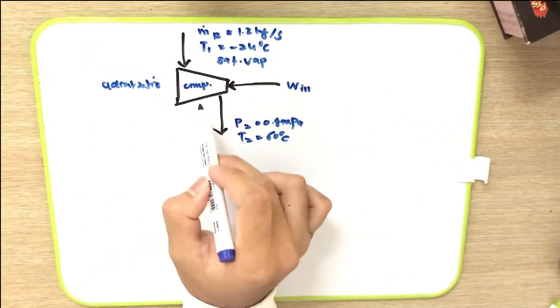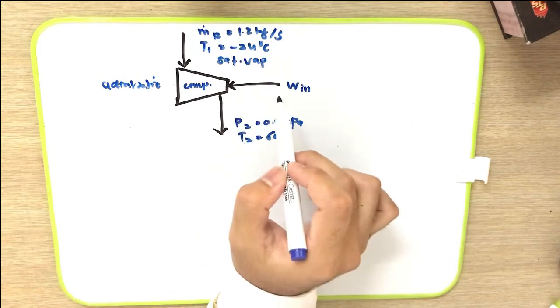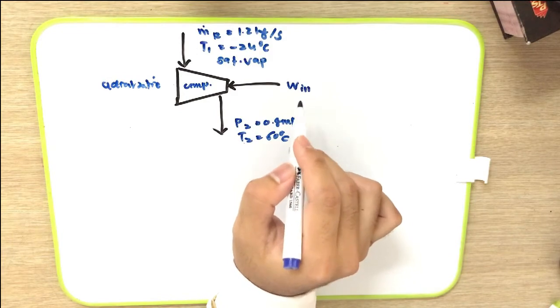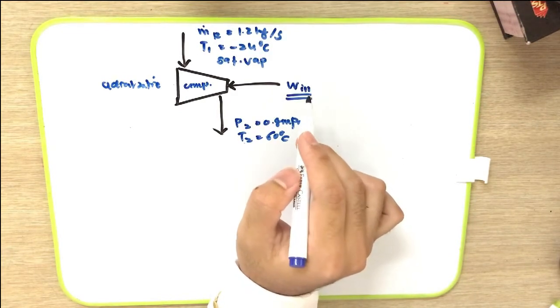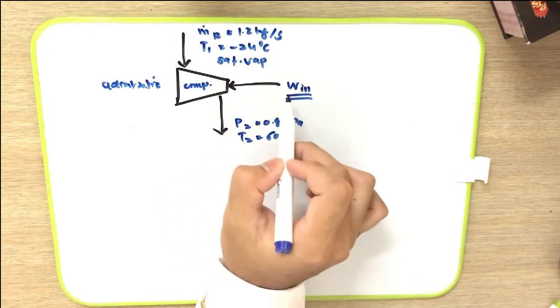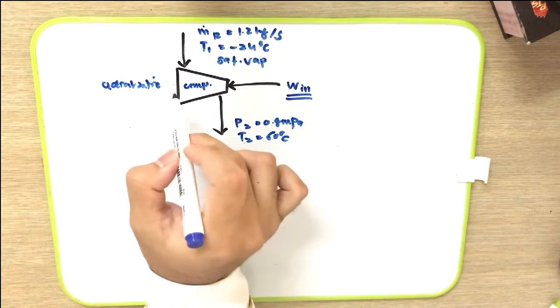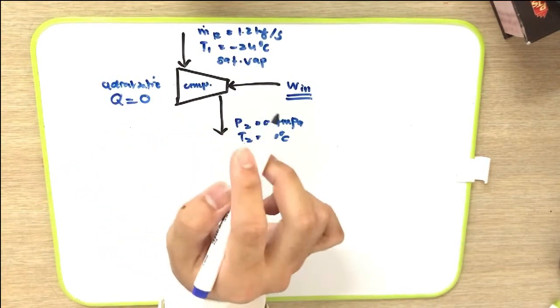In this question, we have a compressor in which this compressor needs the power input to operate. So the power input that we need to calculate is actually the W in. And you have to remember that for the compressor, the direction of W should go into the compressor. And this is the adiabatic compressor, so Q is equal to 0.